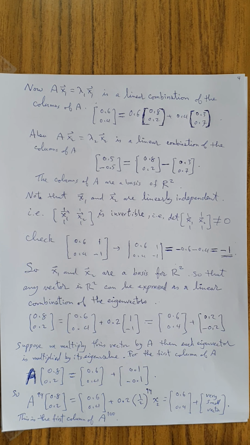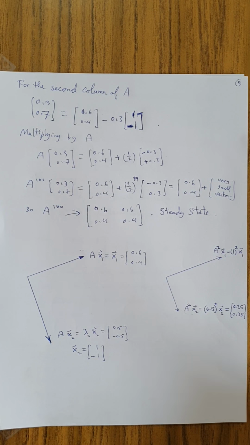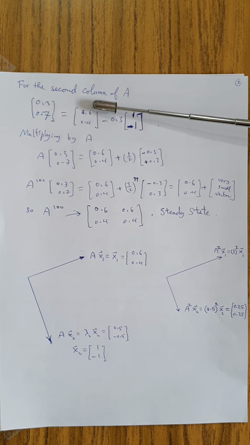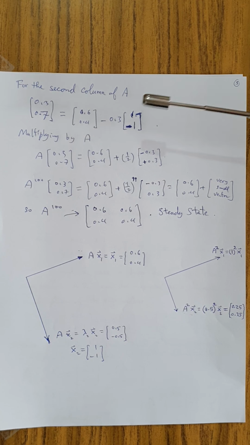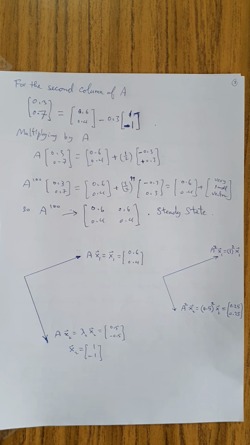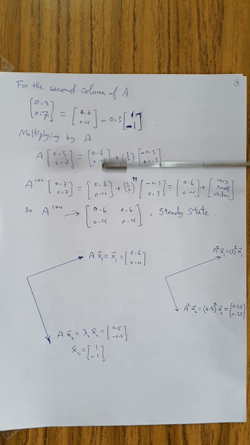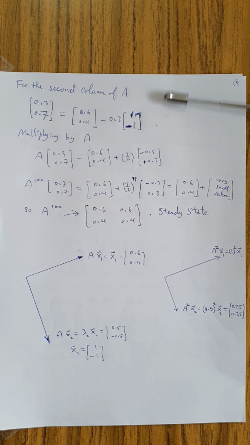To get the second column of A to the power 100, we take the second column of A and express it using the eigenvectors as a basis. We will find that it is 1 times the first eigenvector minus 0.3 times the second eigenvector. Multiplying by A, the first eigenvector remains the same and the second eigenvector is multiplied by 1/2.